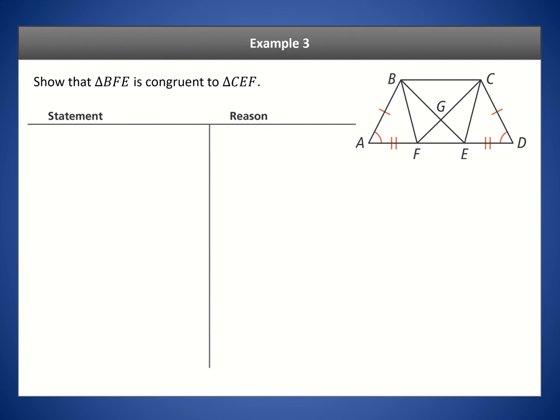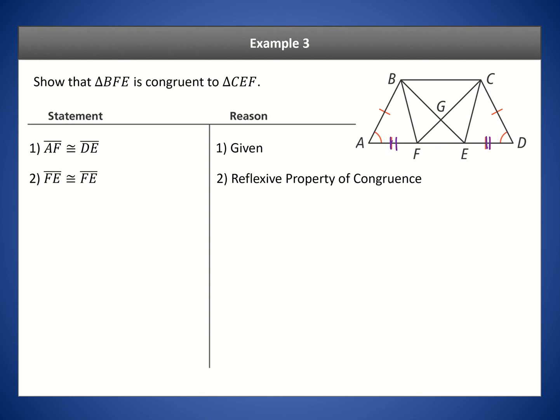All right, so let's go ahead and combine our thoughts. So the first statement that is given in the diagram is that AF is congruent to DE. Now we're going to use the reflexive property of congruence and say that FE is congruent to itself, right? And so it's congruent to itself by the reflexive property of congruence.